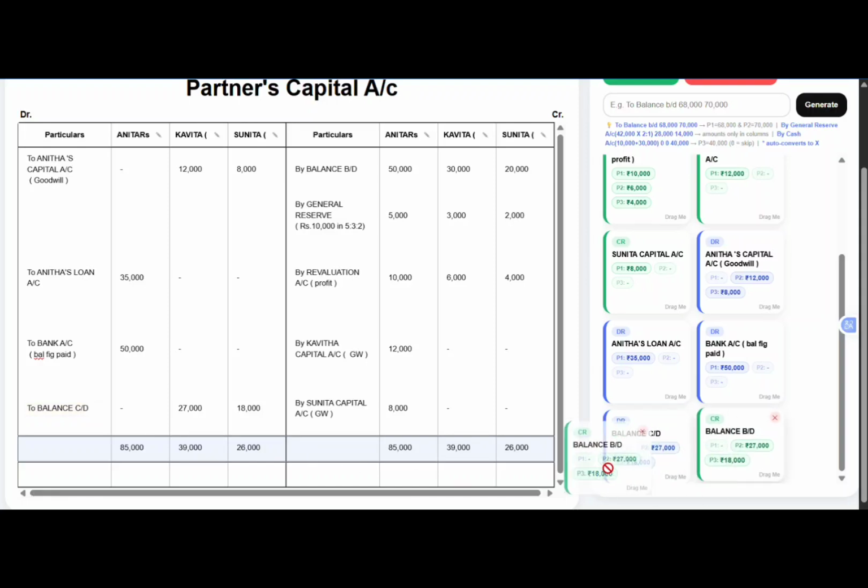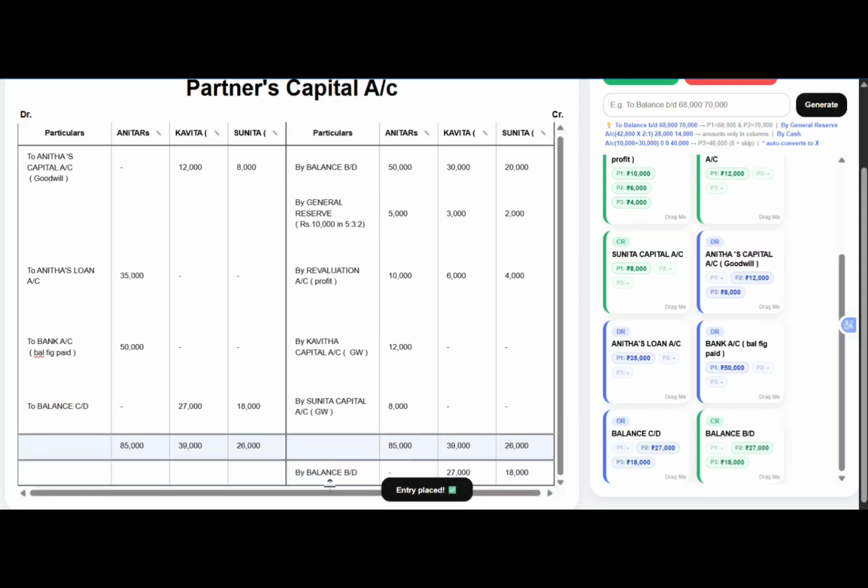That will be brought down on the credit side as balance brought down. For Anita, there is no balance as she has retired, and for Kavita, it is 27,000, and for Sunita, it is 18,000. This amount will be transferred to the balance sheet as the new capital of the new firm.